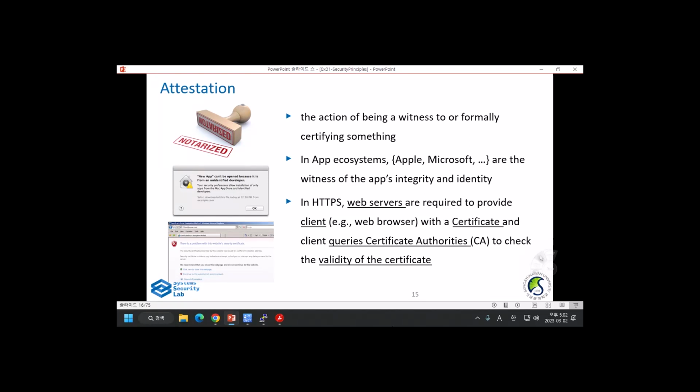Right? So that's why we need certificate, but the validity of the certificate has to be guaranteed by someone. And that someone is called certificate authorities. If you're confused, that's fine. So we're going to learn about this more in crypto, so let's move on.